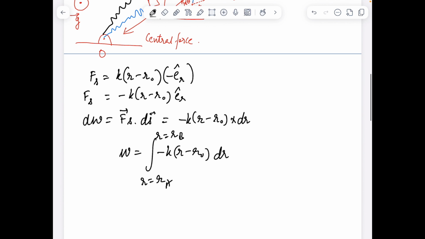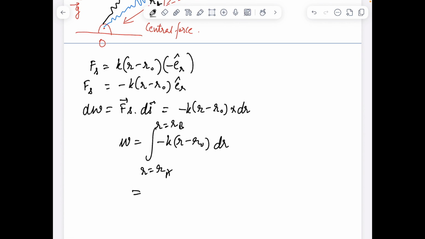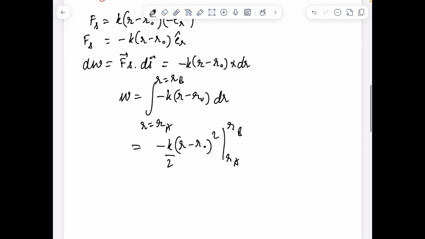So then we have minus K (R minus R naught) squared by 2 from Ra to Rb, which is K by 2 (Ra minus R naught) squared minus K by 2 (Rb minus R naught) squared.